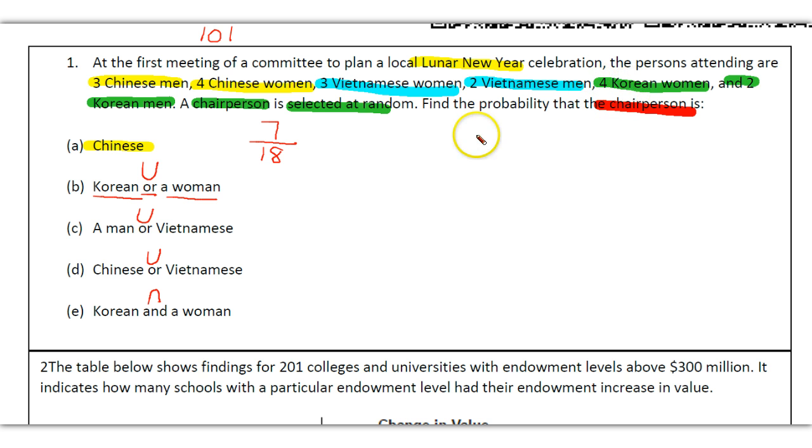Well, there's going to be 4 Korean women plus 2 Korean men.